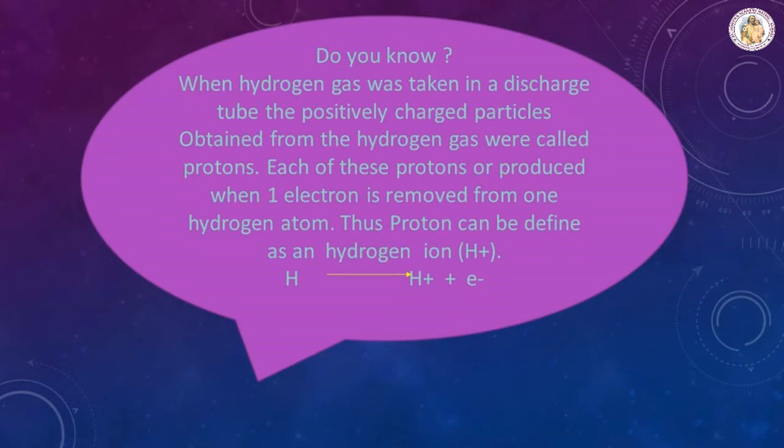Each of these protons is produced when one electron is removed from one hydrogen atom. Thus, a proton can be defined as a hydrogen ion, H+. So, from hydrogen gas in discharge tubes, with the removal of an electron, we get the hydrogen ion or proton.